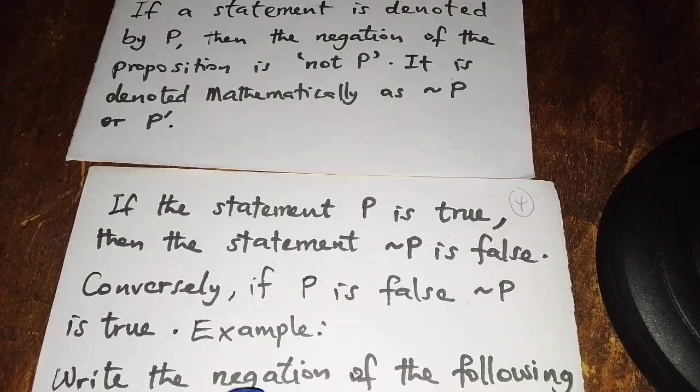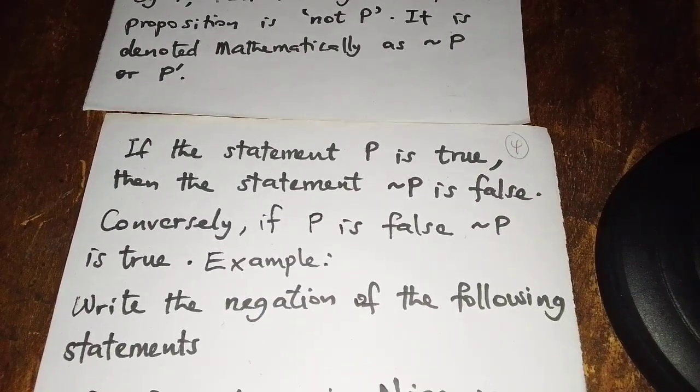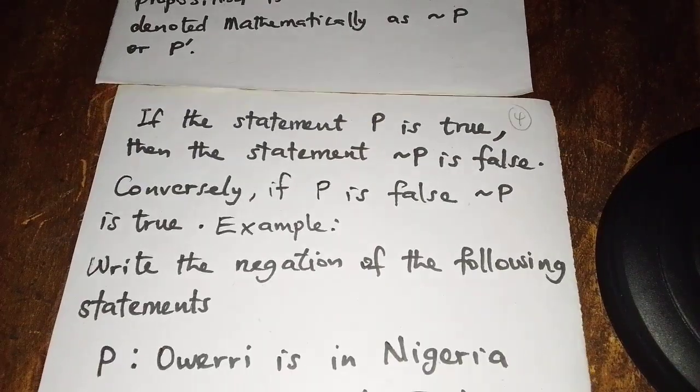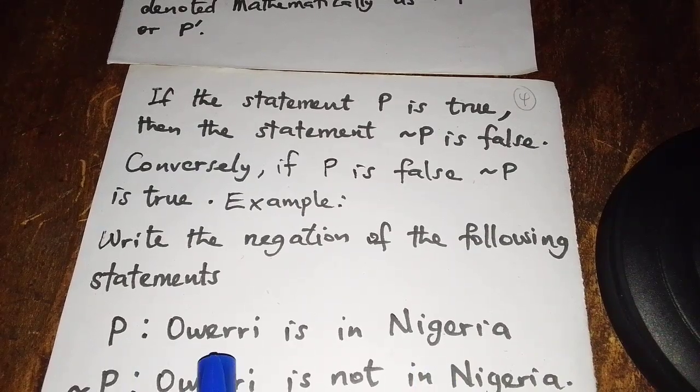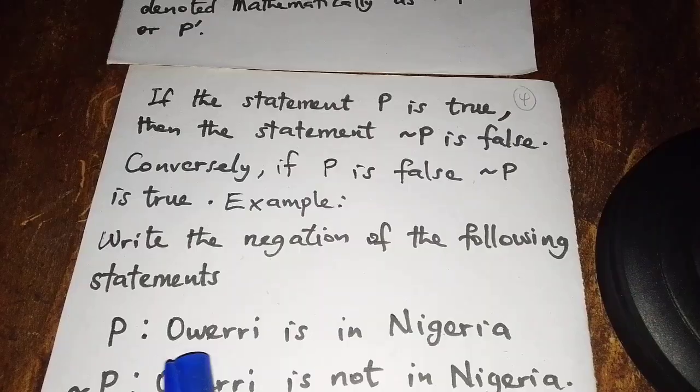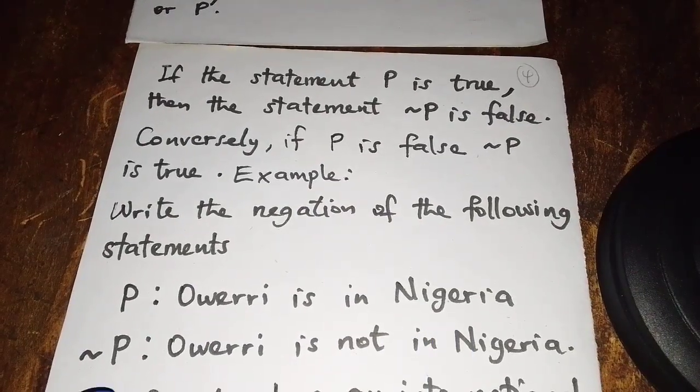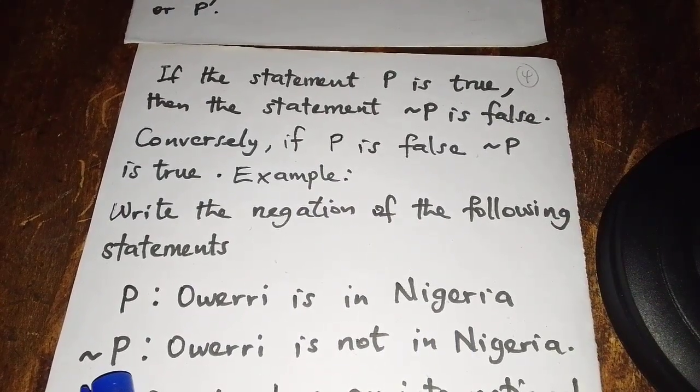True. Now, let's look at how to write some sentences in negation. If P represents Owerri is in Nigeria, the negation of this statement, using this sign to represent negation, is Owerri is not in Nigeria.